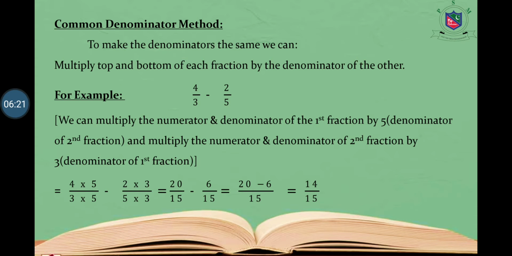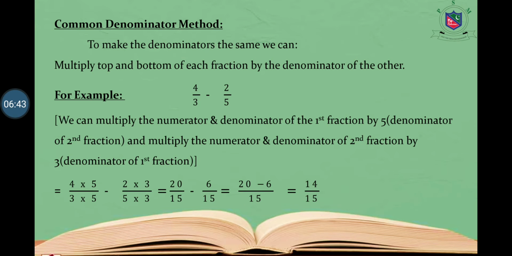So 4 times 5 is equal to 20, 3 times 5 is equal to 15. Again 2 times 3 is equal to 6 and 3 times 5 is equal to 15. So after multiplication we get the fractions as 20 upon 15 minus 6 upon 15.